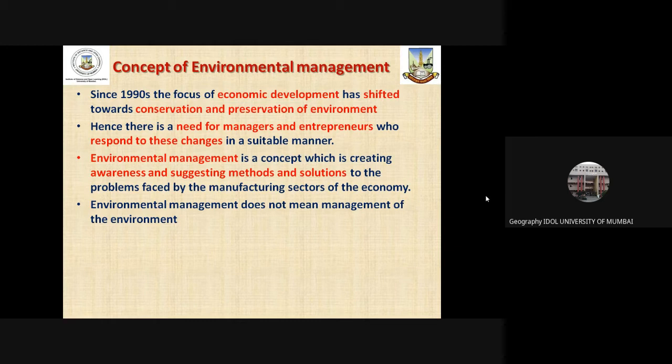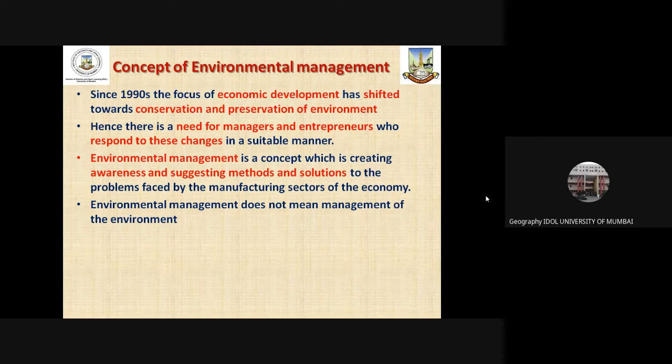It needs to be made clear at the outset that environmental management does not mean the management of the environment, because it is beyond the ability of human beings to control and manage nature. Beyond a particular limit, human beings cannot control nature.